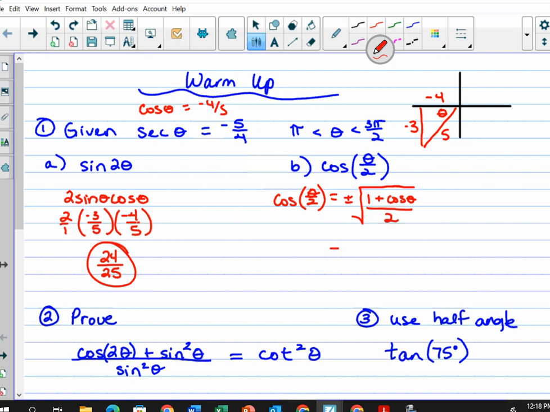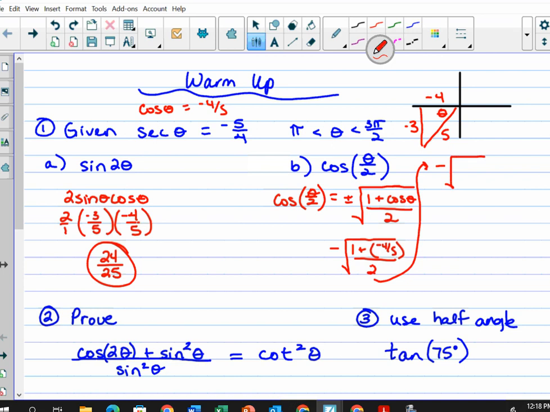Okay, now everything else is based on your triangle. So 1 plus cosine of theta. That's theta, your triangle. So I'm going to write 1 plus negative 4/5, all over 2. I am running out of room.